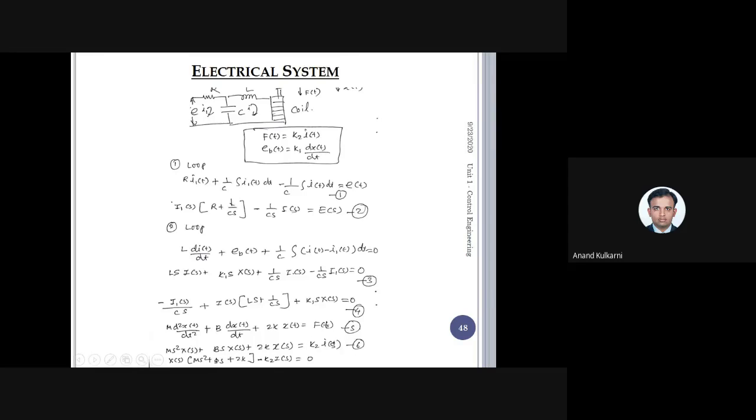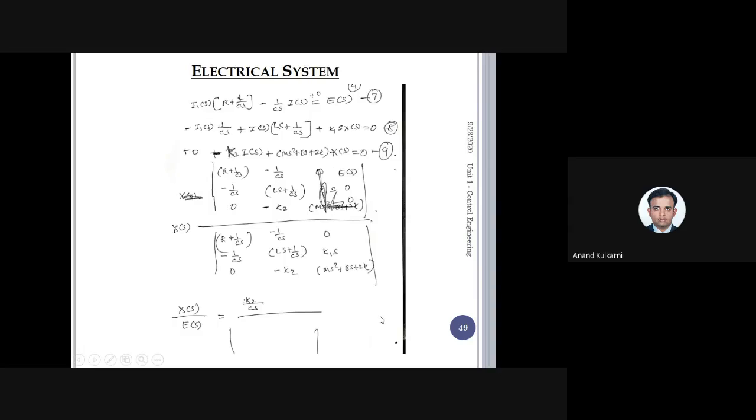So if you separate the variables, x of s into bracket ms square plus bs plus 2k, minus k2 into I of s is equal to 0. K2 into I, this is not x, it is I.